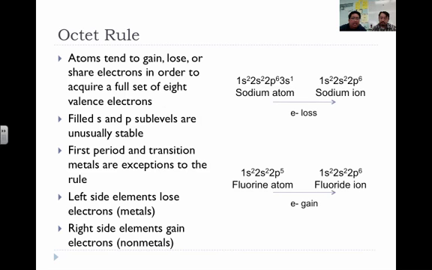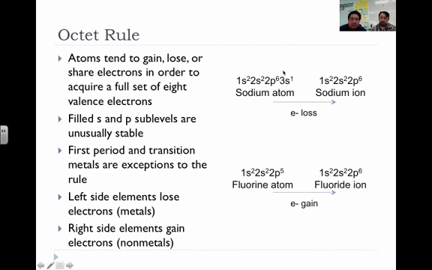The guideline to help you is that these elements will tend to behave like noble gases, and basically whatever noble gas is closest to that representative element is the way it'll behave. So notice how sodium has 1 extra electron than an s2p6 configuration, which represents a noble gas, right?